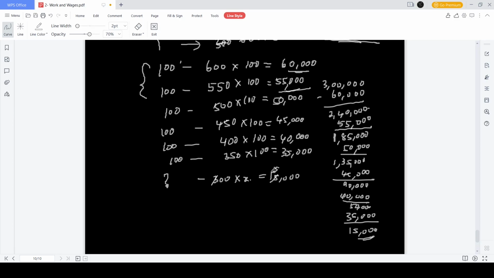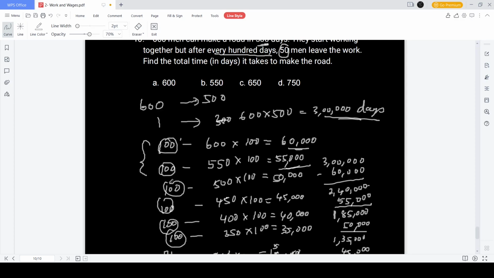So 3 cancels 5 times and you can cancel 2 zeros here. So x is equal to 50. Now in another 50 days, the remaining work will be completed. So the total amount of days it took is 100 plus 200 plus 300 plus 400 plus 500, 600 plus 650. Okay, so 650 days are taken for the road to be built.